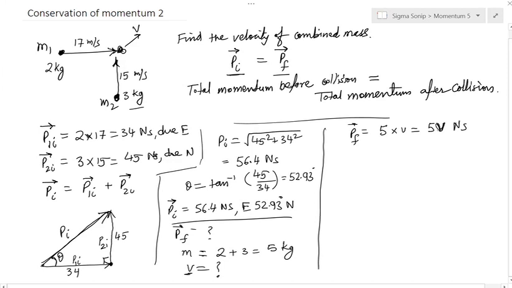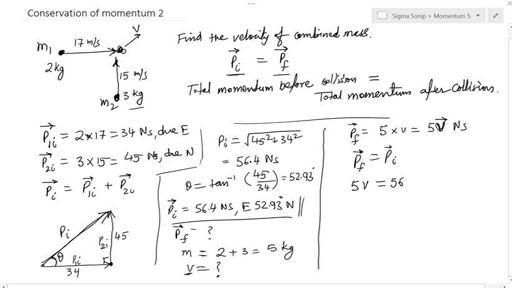Because of the principle of conservation of momentum, Pf equals Pi, and you can write that with an arrow as well, just to show that it's a vector. So 5v equals Pi, which we already found.